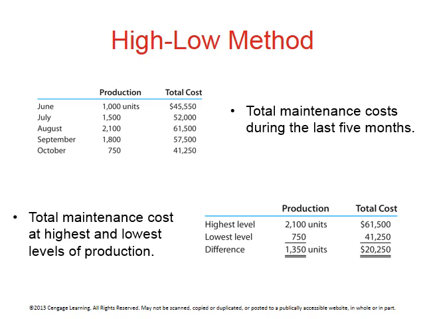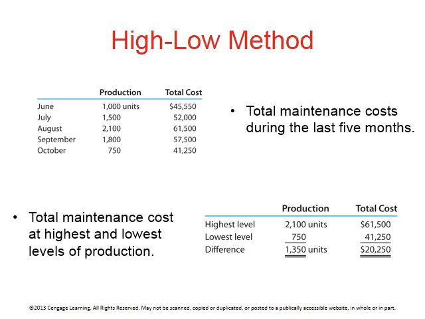A popular method to determine the average cost per unit is called the high-low method. If we take our graph, we have June through October, the total maintenance cost for the 5 months, and the units that we produced in each of those 5 months.